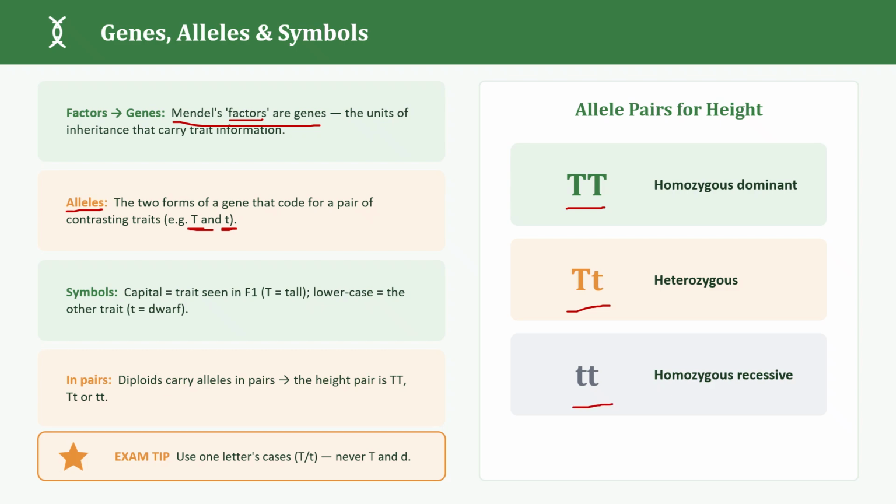True breeding plants possess identical alleles and are called homozygous. Here are identical alleles, so they are homozygous, and here also identical alleles, so also homozygous. But this plant has different alleles, so it is called heterozygous.